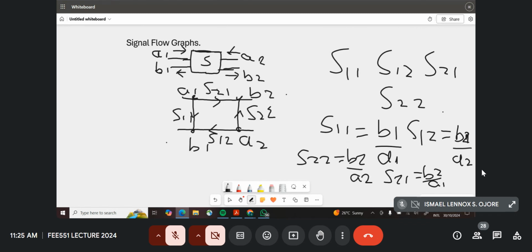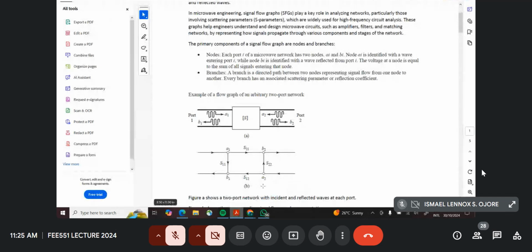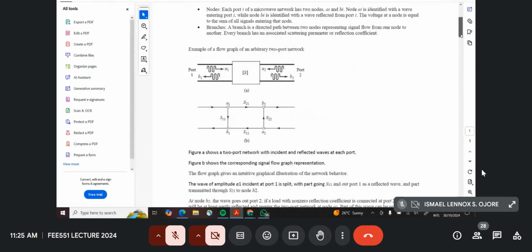I hope you have understood that. Yeah, so these A1 and A2 are incident to the ports, and B1 and B2 are outgoing. So this is what I have drawn there.